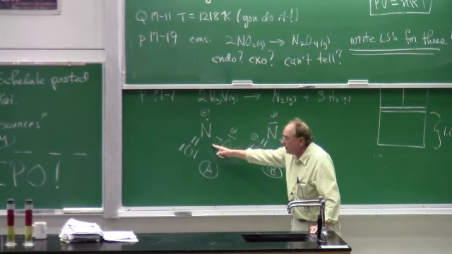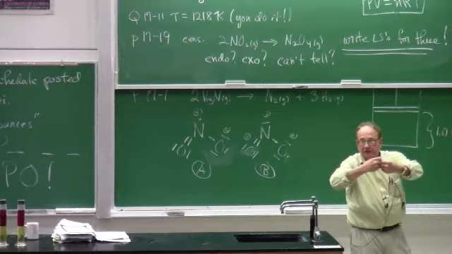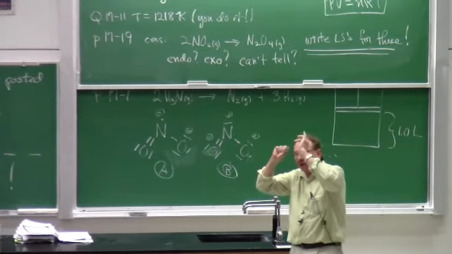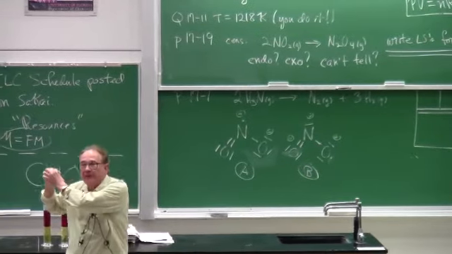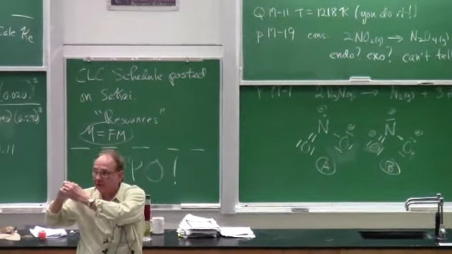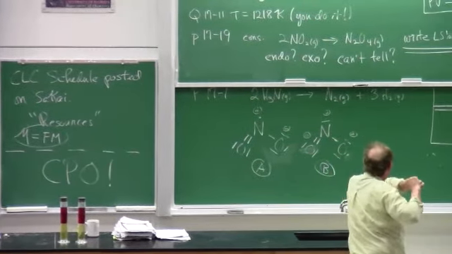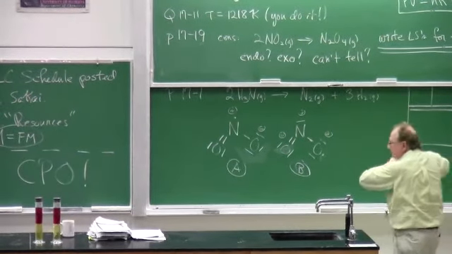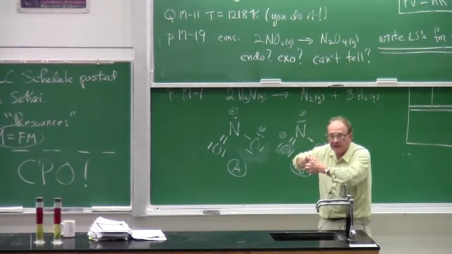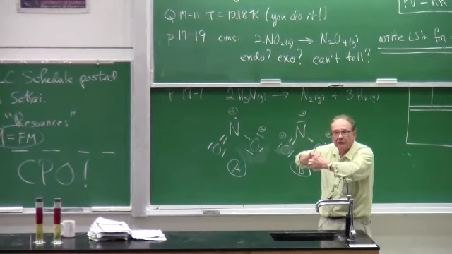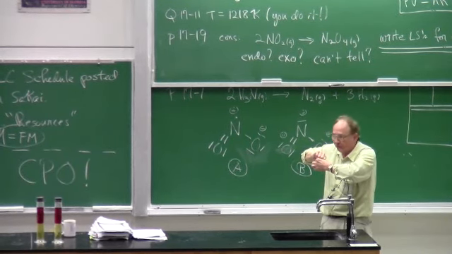Because the nitrogen atoms of each NO2 molecule bump into each other, and these unpaired electrons on the nitrogen atoms partner up and become a shared electron pair, a covalent bond, which tells you immediately how to write the Lewis structure for N2O4, because it has an NN bond. It has no OO bond, nor does it involve forming another NO bond. Strictly an NN bond is formed.